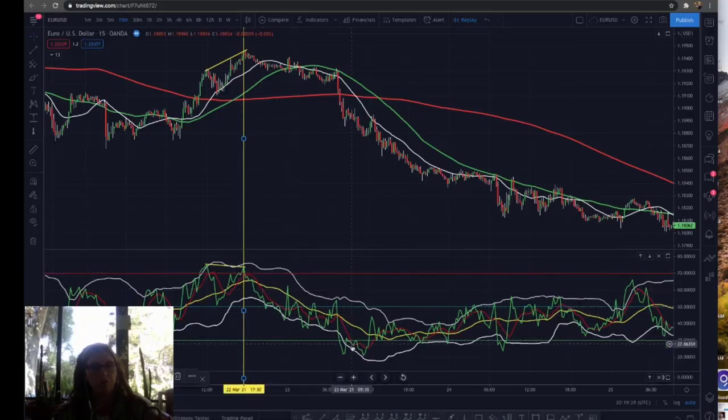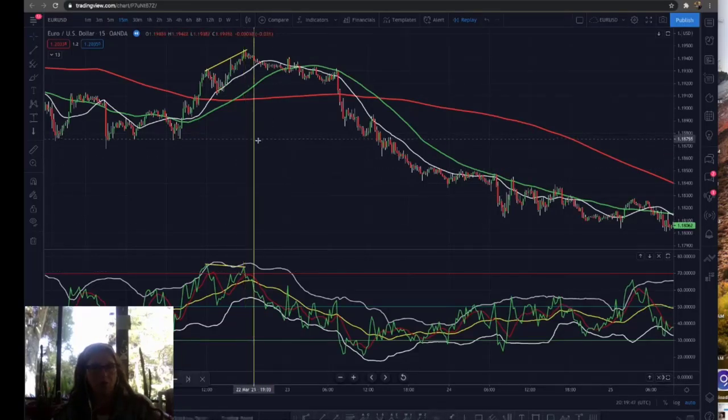So we're going to go over that. So right here, we had this major spike to the upside, and it would have scared you, making you think that this is going to the other side of the band. What do you do about that?